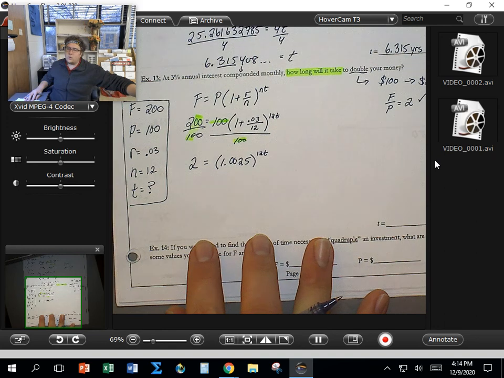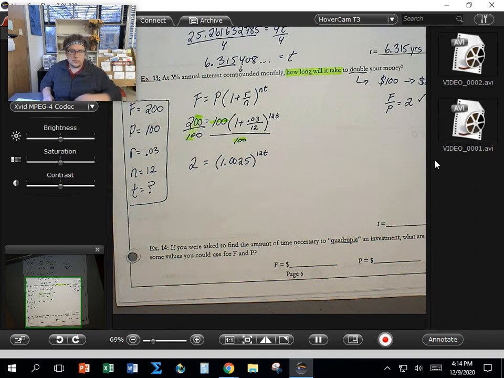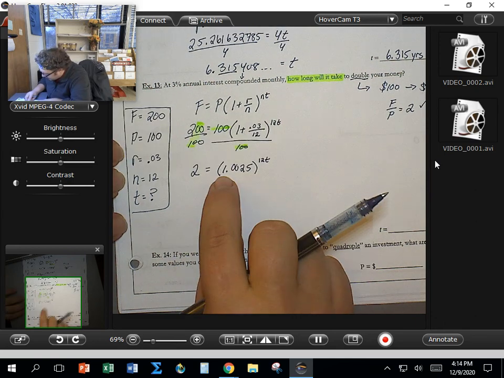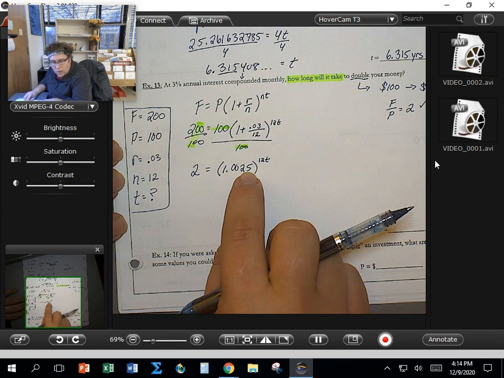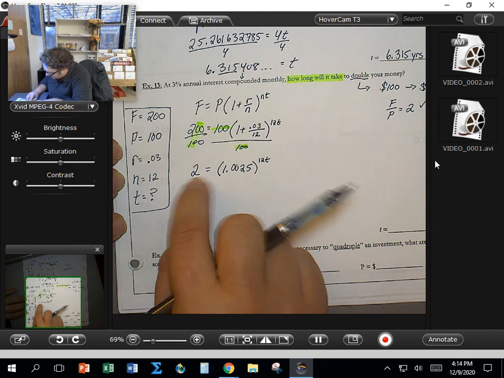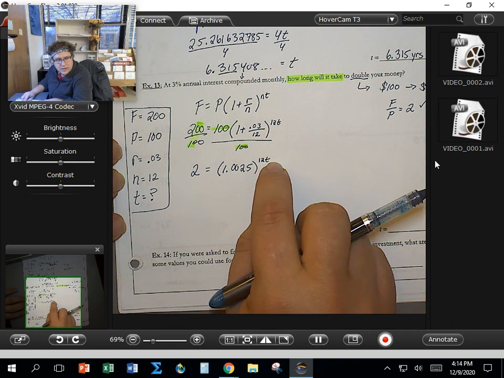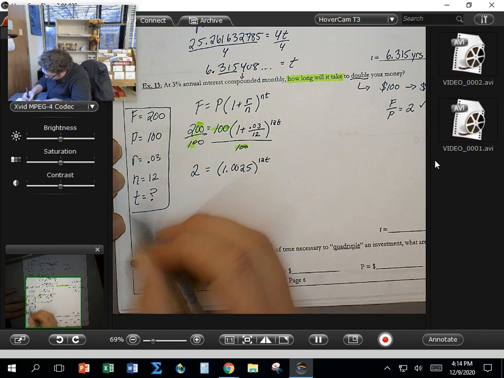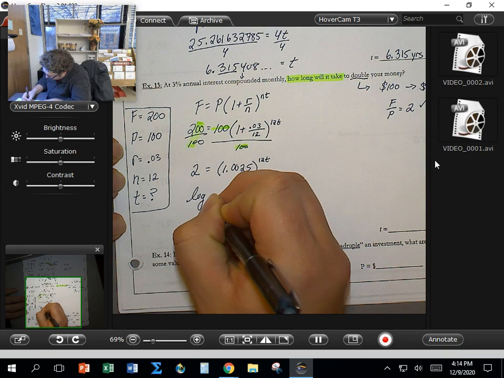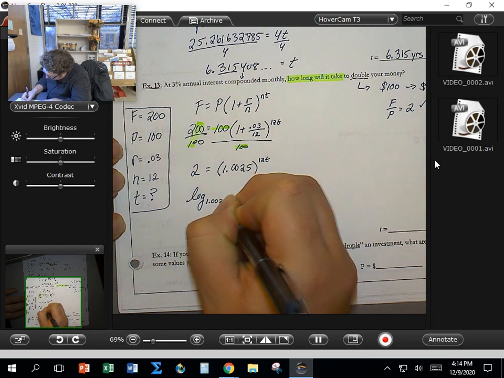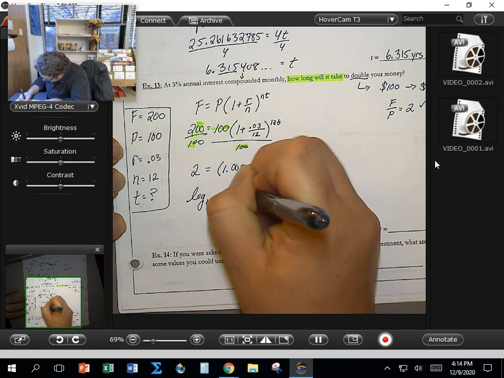So once again, we are set up and ready for our logarithm, right? We can maneuver this so that we change the base to be the base of a logarithm. The answer will come next, and the exponent is on the other side of the equal sign. So we've got log base 1.0025, and then the answer is 2.